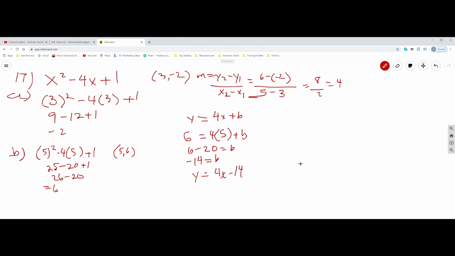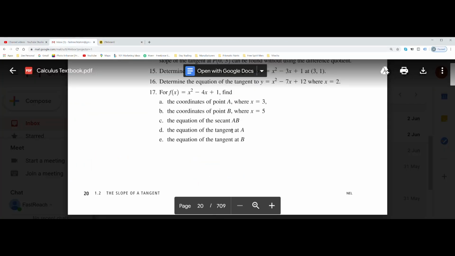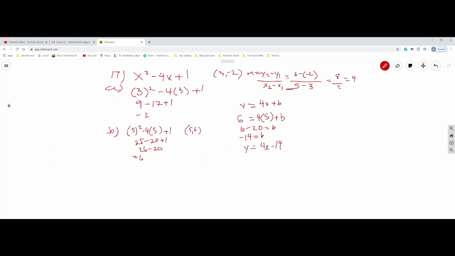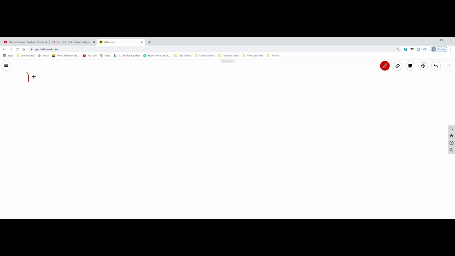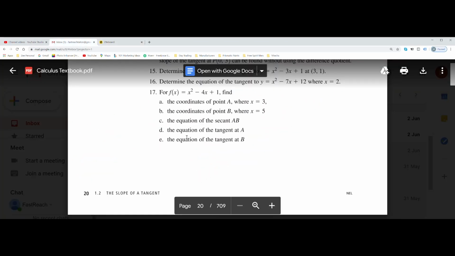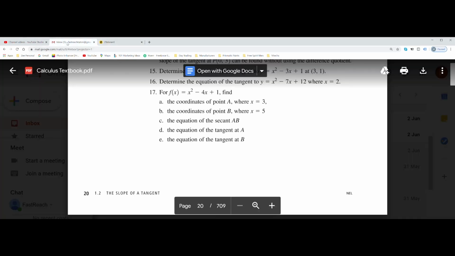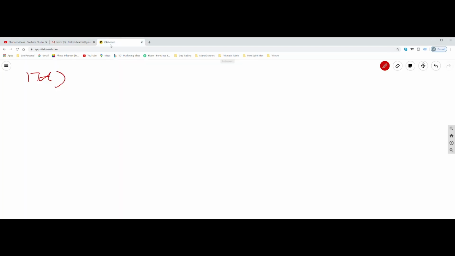Okay, so now we're going to do part D. Oh, delete. So now 17B. So A is x equals 3.